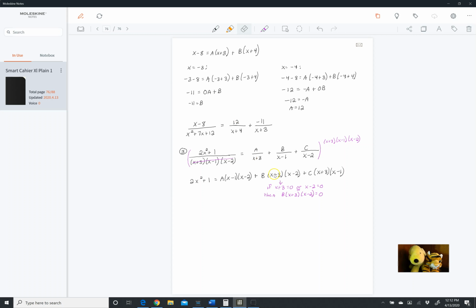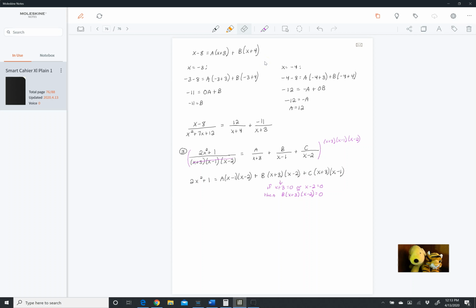Okay, and that's important because we know that there's one of 2 things that we could plug in that's going to make that true. We could either plug in -3, and then we have B times 0 times some number, which is 0. Or we could plug in 2. Now we want to eliminate B, but we also want to eliminate C. So for here, we could plug in -3 or 2. For here, we could plug in -3 or 1, so there's an overlap. If we plug in -3, we get rid of both B and C.